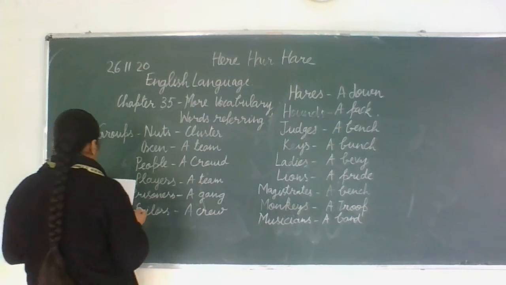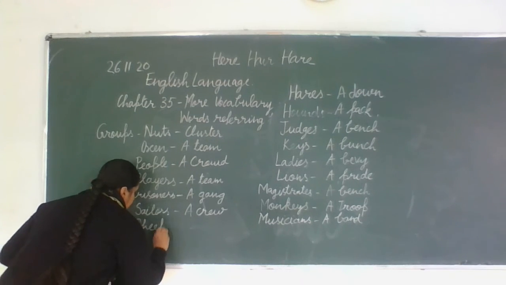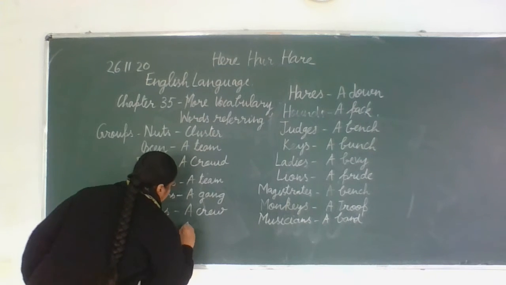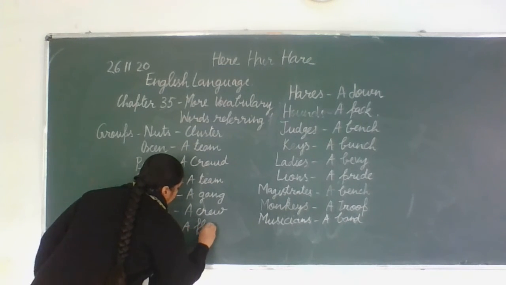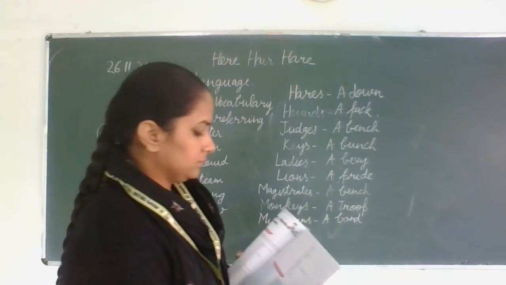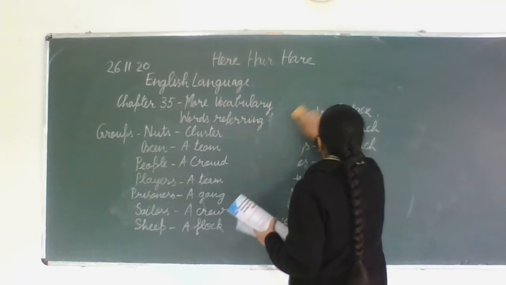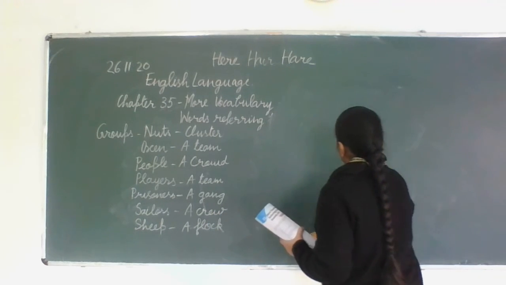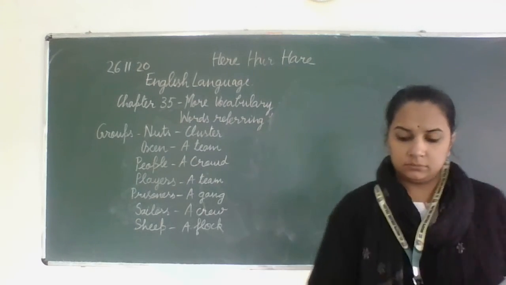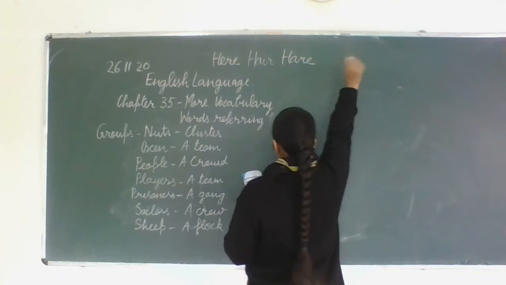The next one is sheep. Group of sheep is known as a flock. Ships.